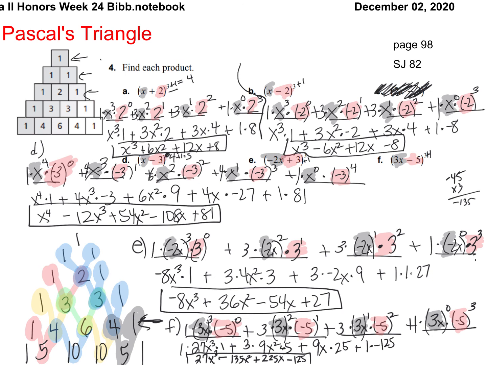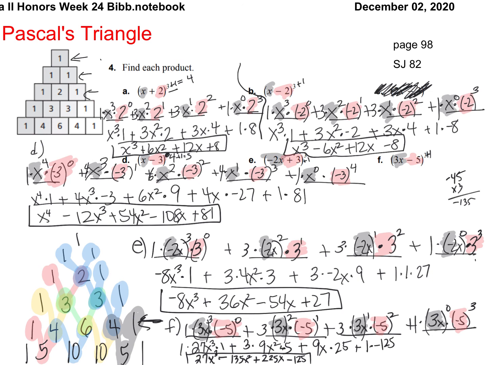The binomial theorem in Pascal's triangle is not too difficult. It's just a shortcut way to multiply, but it's a good way to know. Sometimes you'll be asked questions like, what's the third row of Pascal's triangle? And that's easy to figure out if you actually know what Pascal's triangle is. But I think it's pretty cool that he figured out that as you raise a binomial to certain powers, there are relationships between those coefficients.